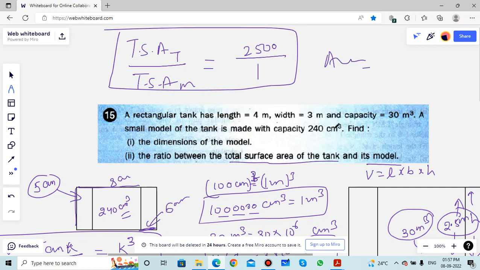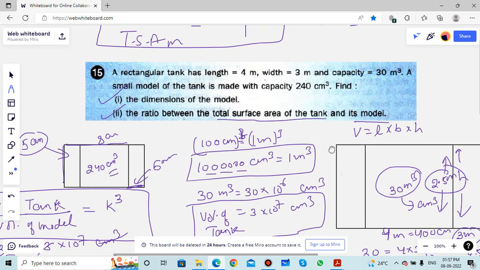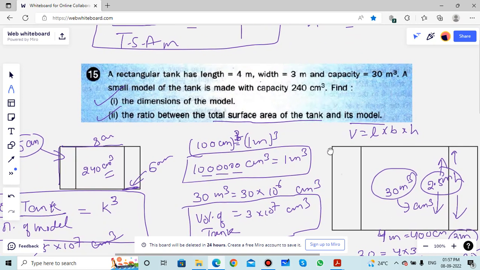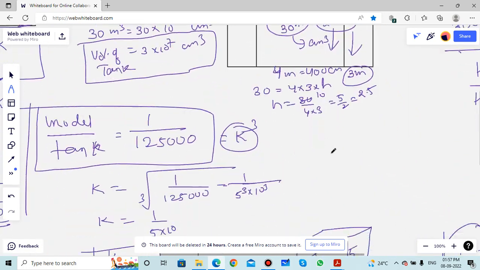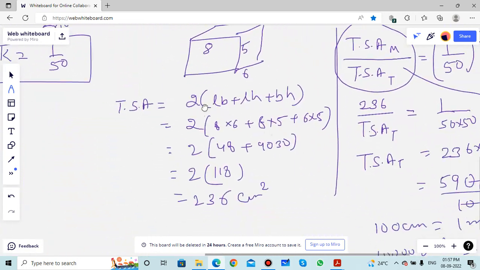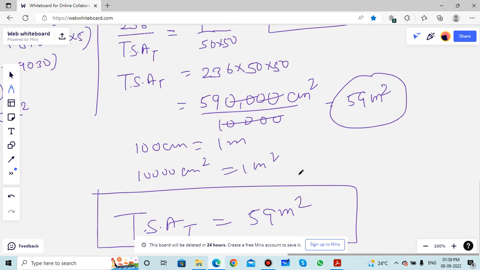Okay, fine. So we got the answer for all of those dimensions, and we solved something more on it, right? They had not asked for the total surface area of the tank. It was the ratio that we had to find, and we went a long way and found out the total surface area of the tank also, which is 59 meter square.